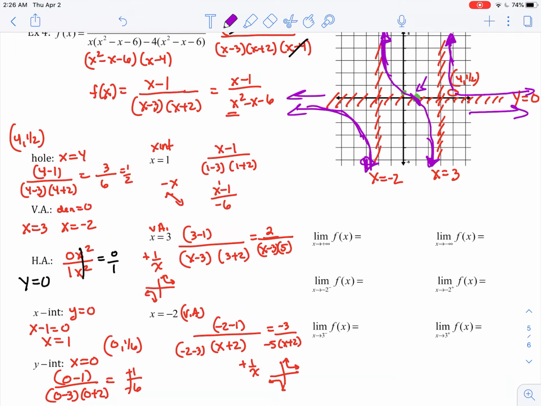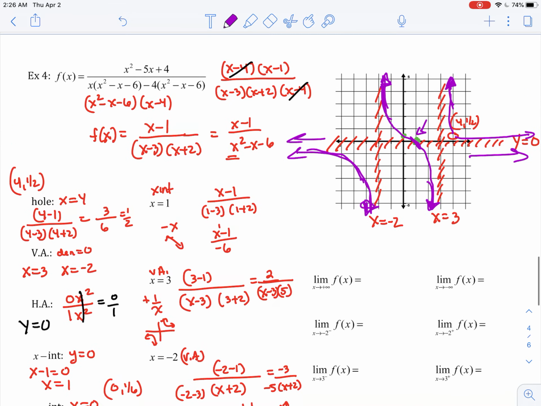The distance between our graph and that horizontal line is getting closer and closer to 0. So our graph is approaching that horizontal line. The value of this fraction is getting closer and closer to 0 for very large values of x and very small values of x.